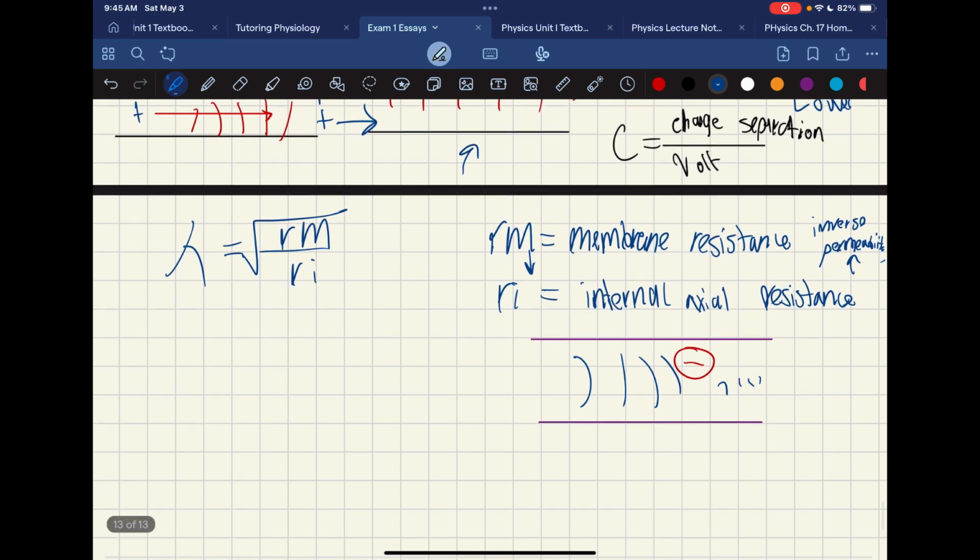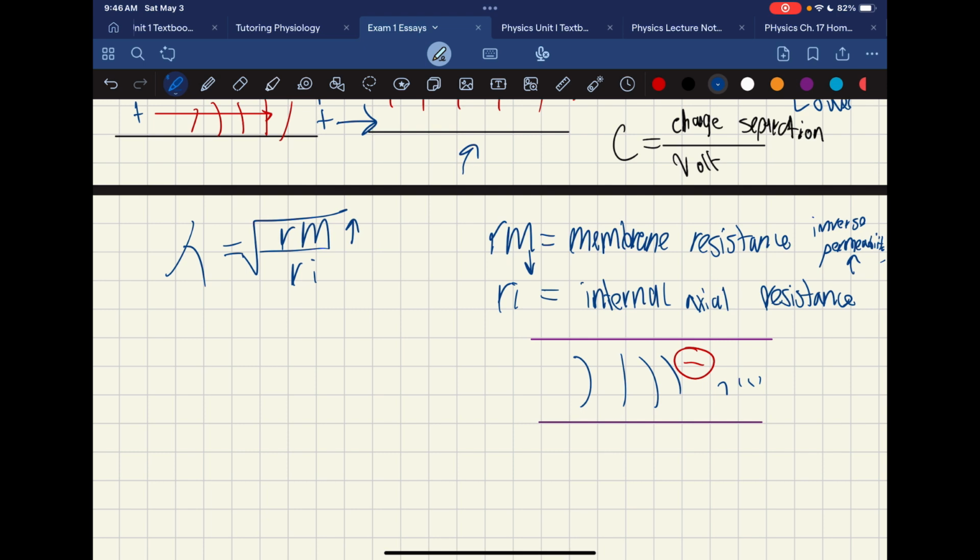So what this means is as membrane resistance goes up, which means there's less permeability, or as permeability increases, more ions are coming in, it decreases it.